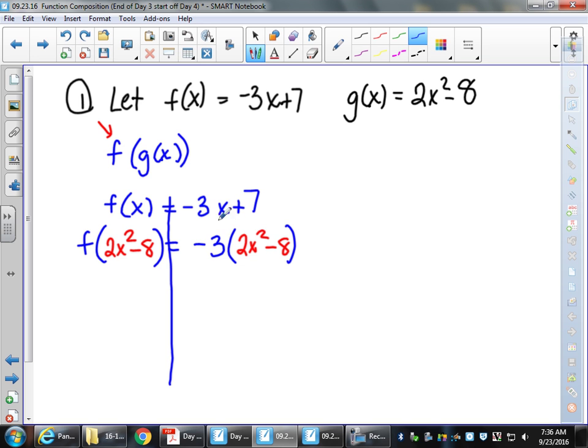Literally following my model right here. Negative 3 times x, here's my new input. And then I bring down my plus 7. And to wrap this up, we're just going to use our algebra skills. So this becomes negative 6x squared plus 24 plus 7. Combine like terms, and again, negative 6x squared plus 31, and we're done.